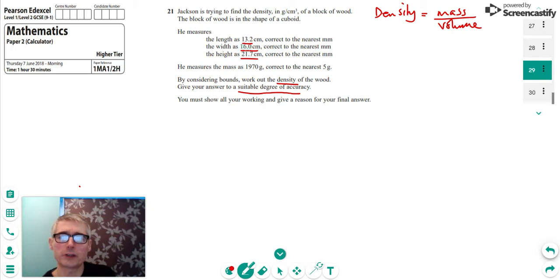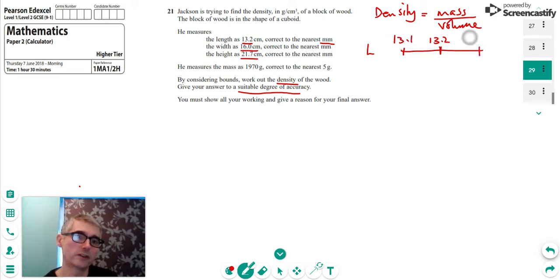So we're given these measurements, but they're all rounded. So we need to find what the upper and lower boundaries are for each one of these values. For the length, we could imagine a number line like this, where 13.2 is our recorded measurement. The measurement below it would be 13.1, and the one above would be 13.3.